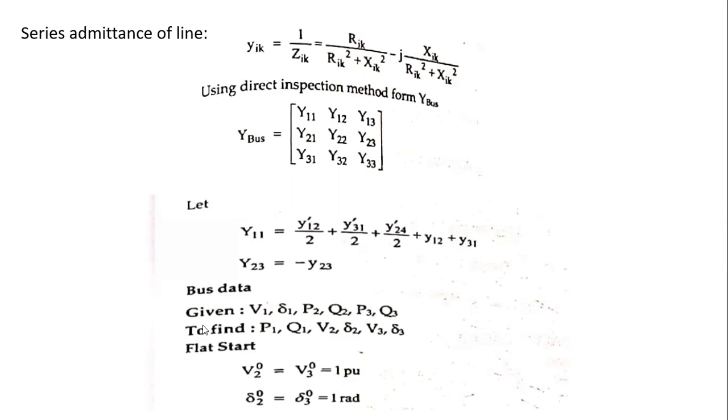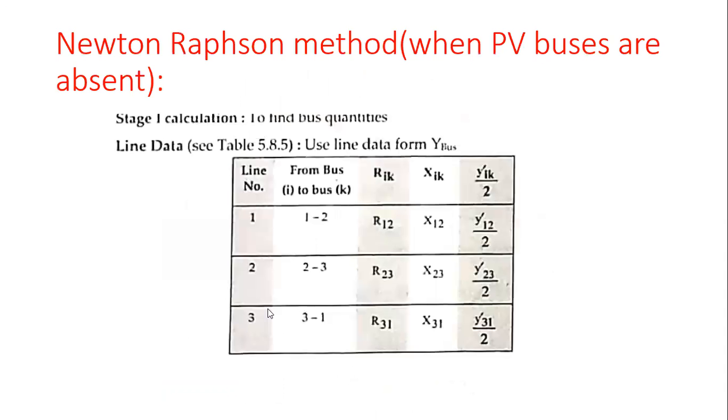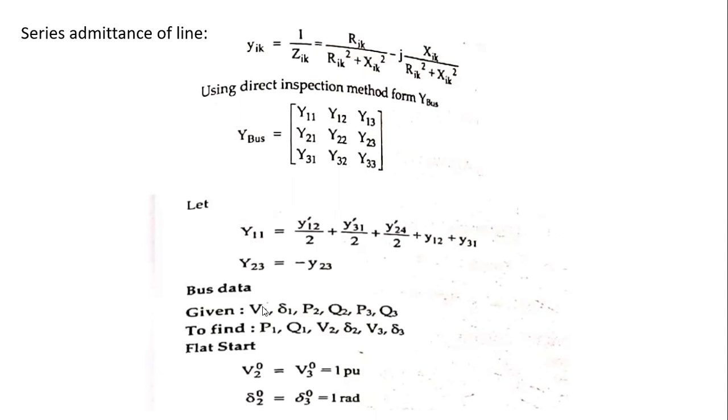Next, bus data. The given terms are V and delta, P2, Q2, P3, Q3. V and delta are known for bus 1, taking bus 1 as the slack bus. Therefore, the known terms are V and delta, and the unknown terms are P1 and Q1.